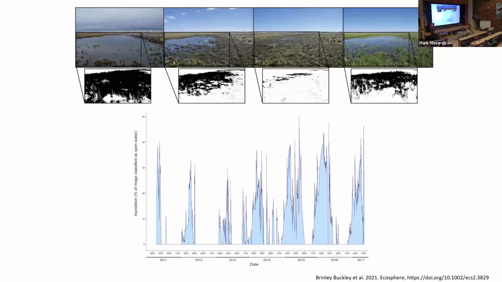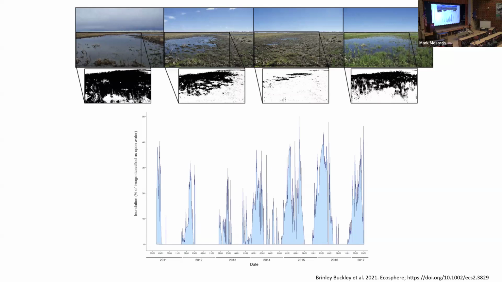And then down here, you have the percent of the image that's classified as open water on the vertical axis, and you have 2011 through 2017 across the bottom. And you can quickly see that you have those dynamics of the water being visible in the image and contracting on a yearly basis here.